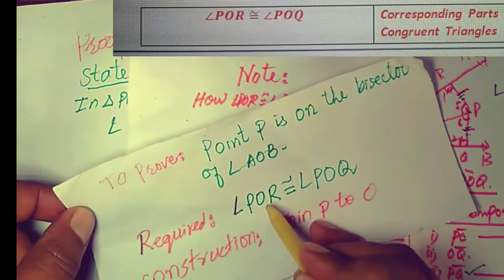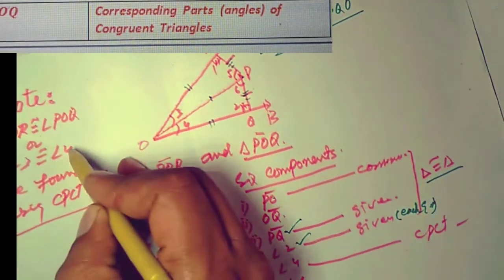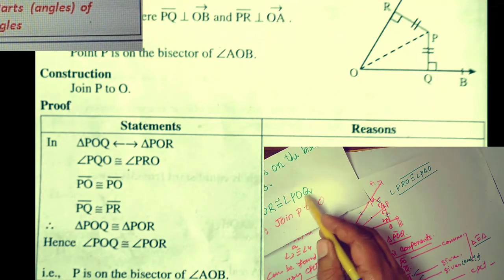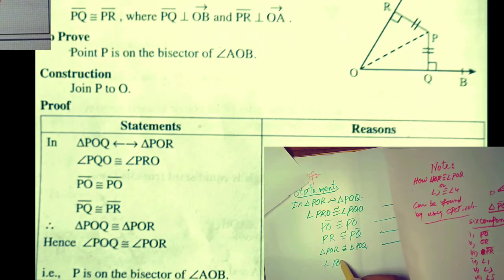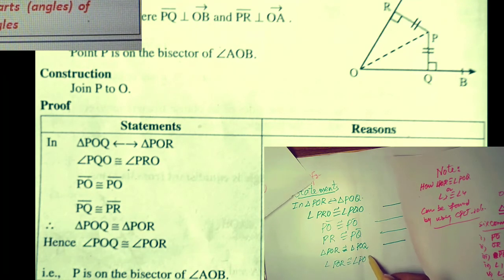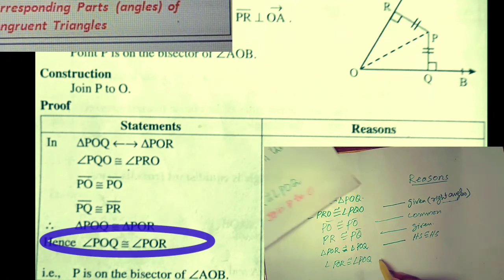Angle POR and angle POQ can be found out by using the CP-CT rule.